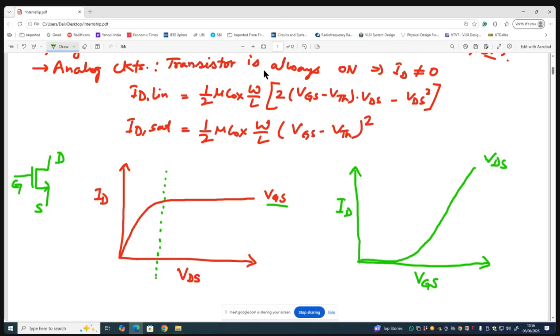In this second plot, I'm sweeping VGS and VDS is fixed. In the first plot, I am having a fixed VGS and I am sweeping VDS. So is it correct or have I made some mistake? Can you tell me?